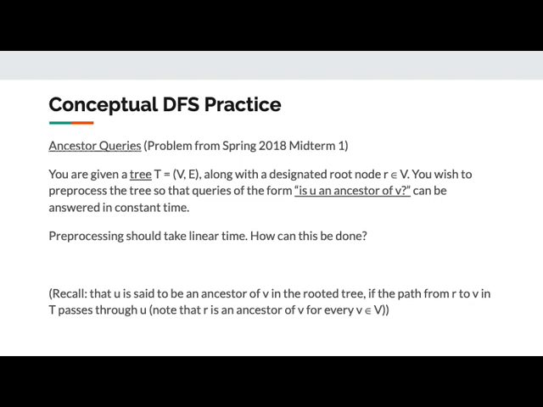I'll give 2 minutes to look at this problem. Here's a hint.